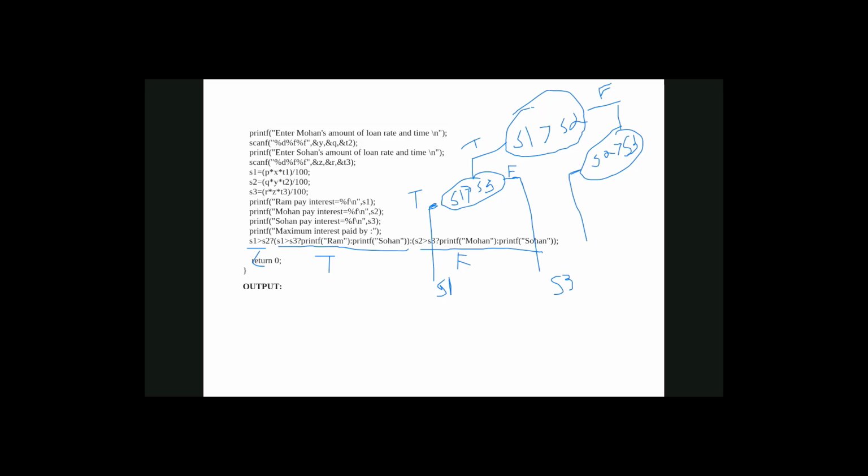S1 is greater than S2 and S2 is greater than S3, so it means S2 is greater, and if false, then S3 is greater. Are these three conditions clear to you? This is the first condition, this is the second condition, and this is the third condition. That's how we are using the condition.